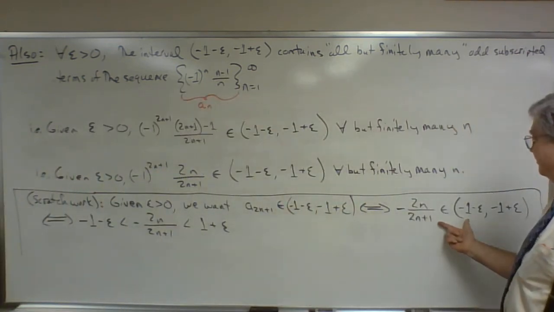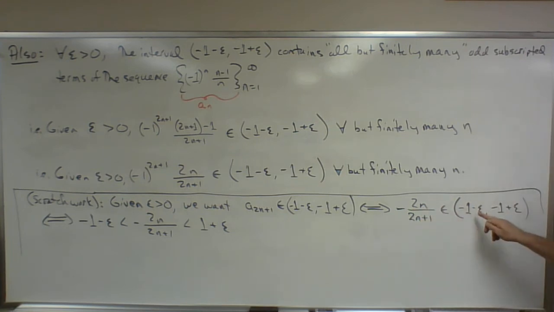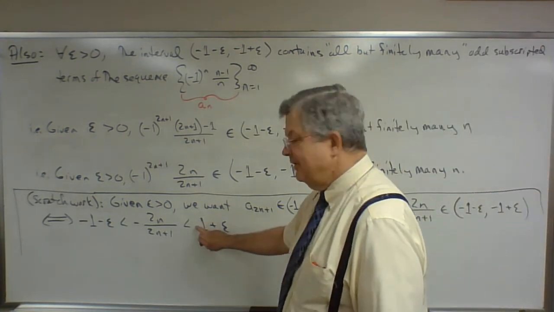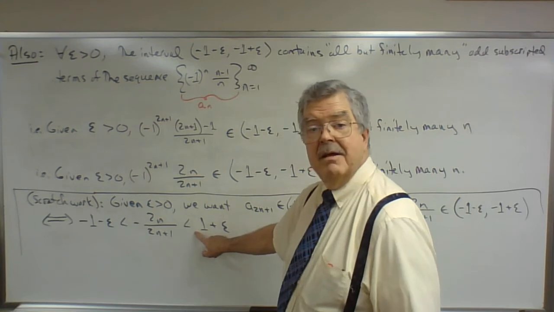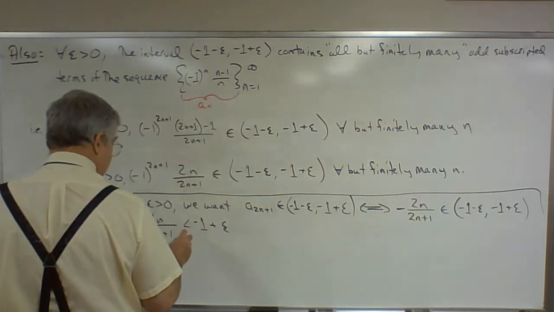So this is just saying that negative 2n over 2n plus 1 is between negative 1 minus epsilon and negative 1 plus epsilon. And did you catch this? This should be a negative 1 here. Okay.